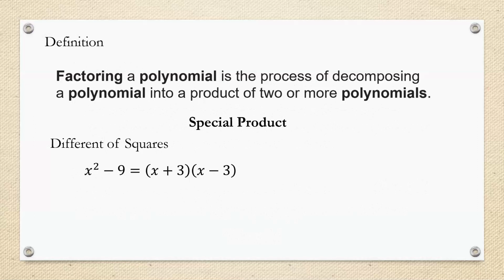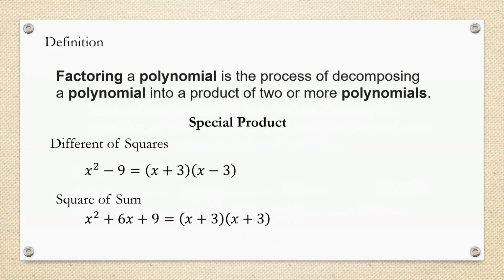Now, the operation na meron sila, in order for us to come up with x squared minus 9, is multiplication. Okay po. Now, pag sinabi mong square of a sum, ibig sabihin, it is x squared plus 6x plus 9 is equal to x plus 3 multiplied by x plus 3. So, you notice, magkapareho ng sign.